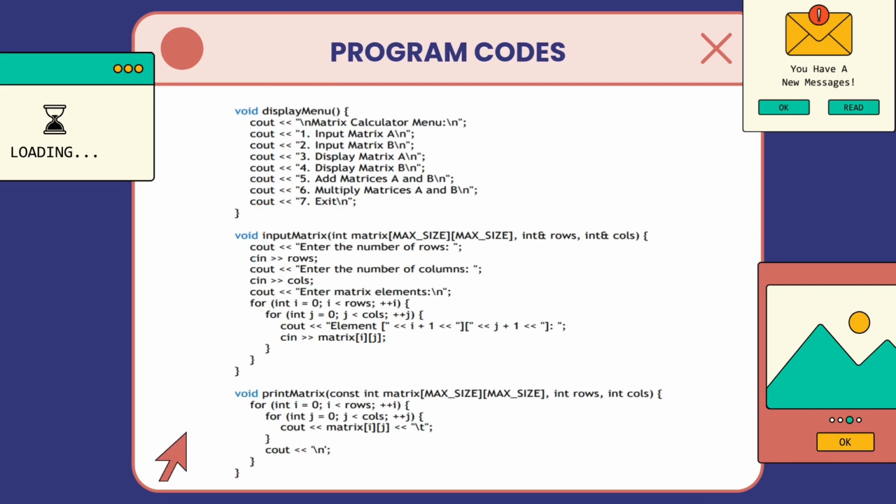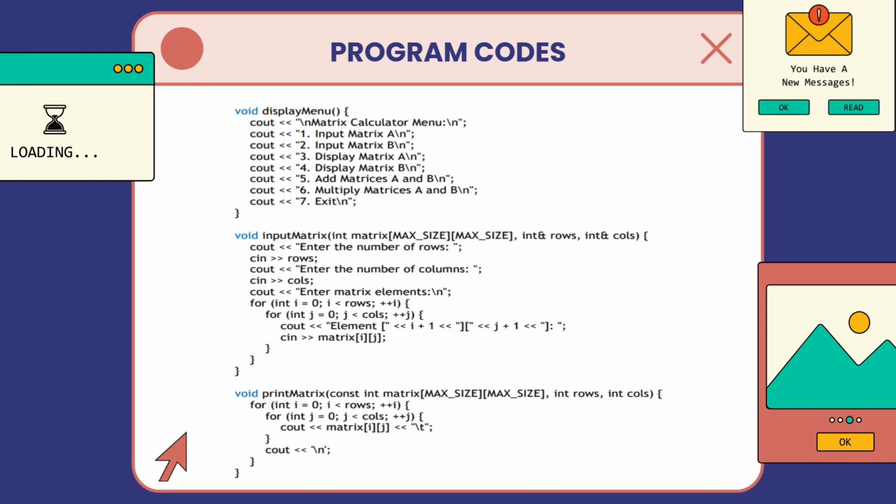The same goes for the input value for columns, which is 3, so it will also be calculated as plus 1 for 3 times, as we use plus plus j, which starts from 0.